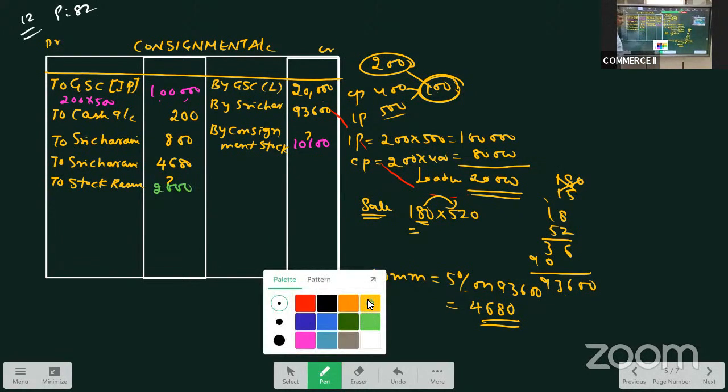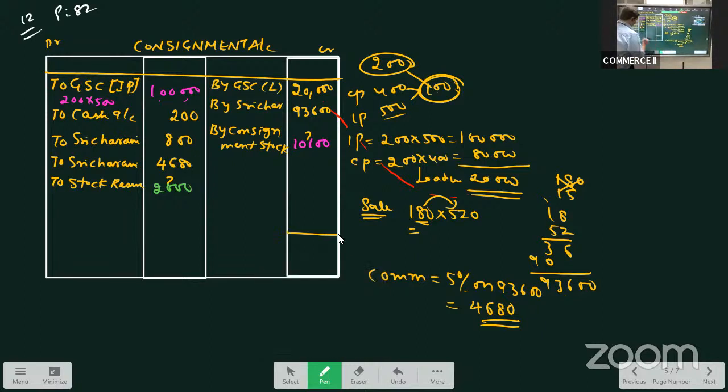Now let us close the consignment account and see what is the profit or loss made on consignment. That amount we have to transfer to the general P&L account. So let us see the total. On the credit side, 1,23,700.